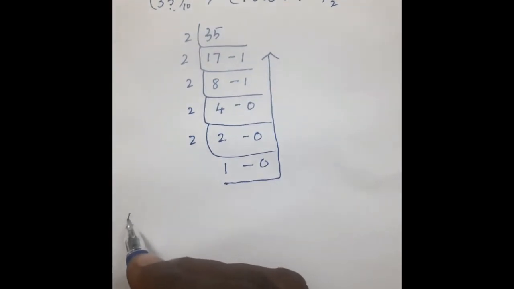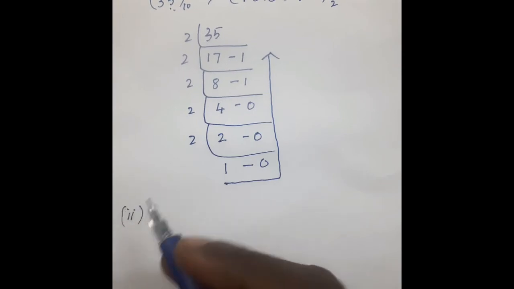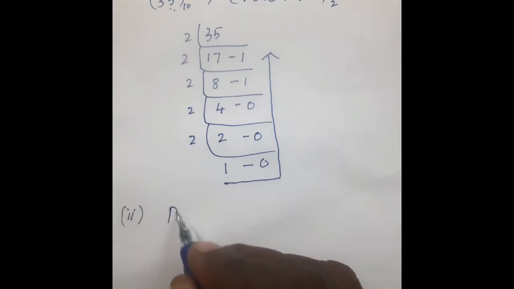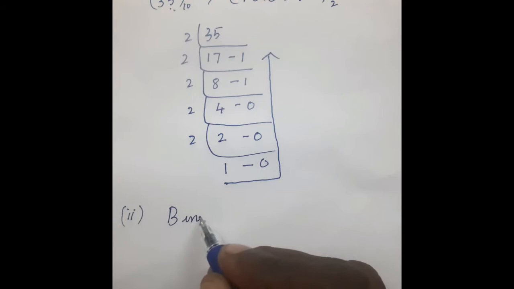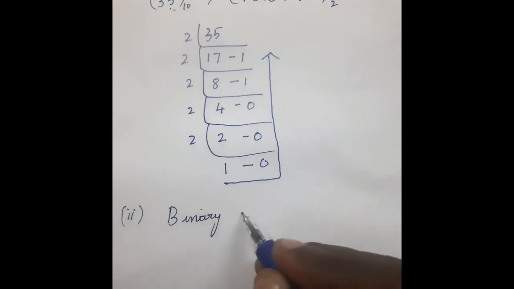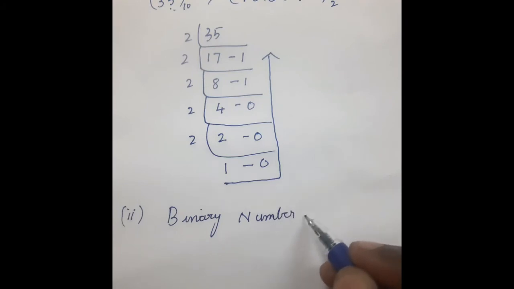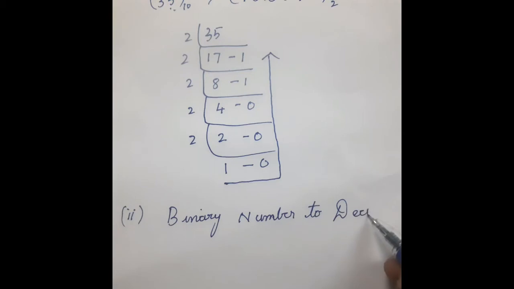Next, the second one: how to convert a binary number to a decimal number.